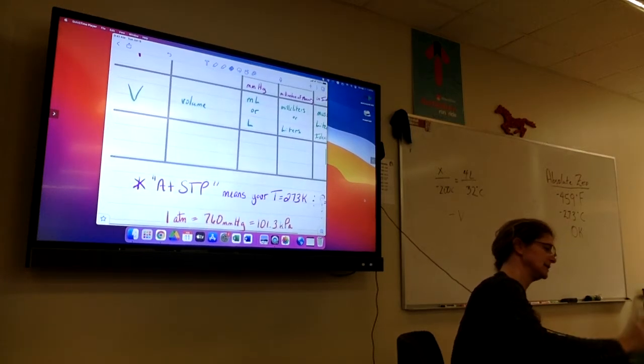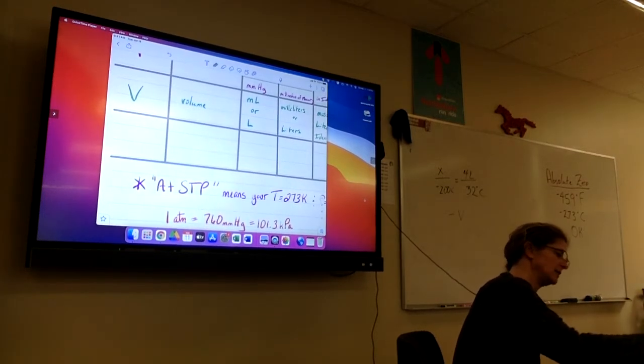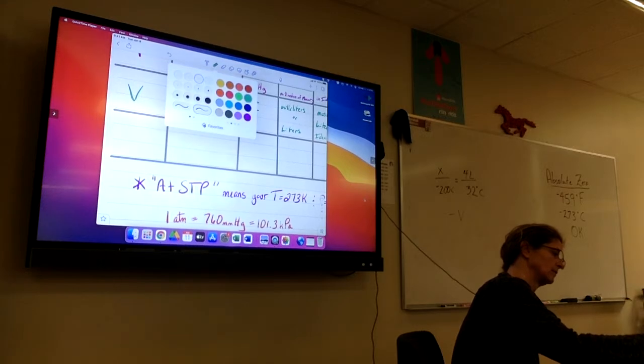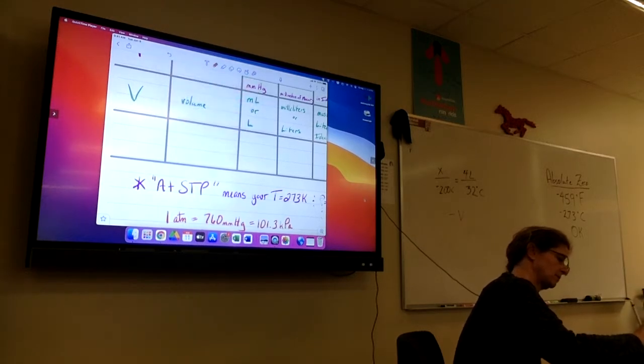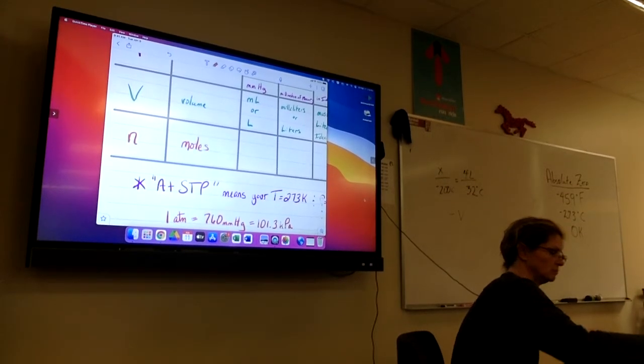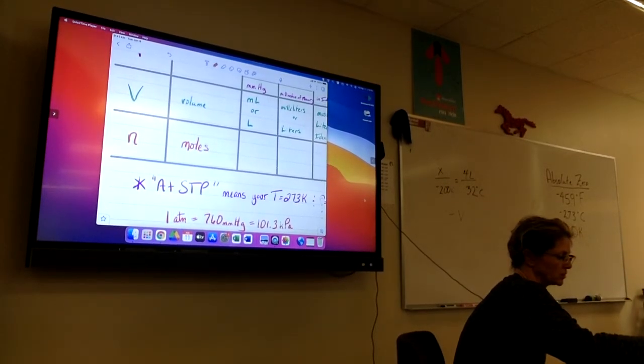All right, last is lowercase n, which stands for your good old pal moles, which is abbreviated mol. And I try not to use it because students think it means molecules.